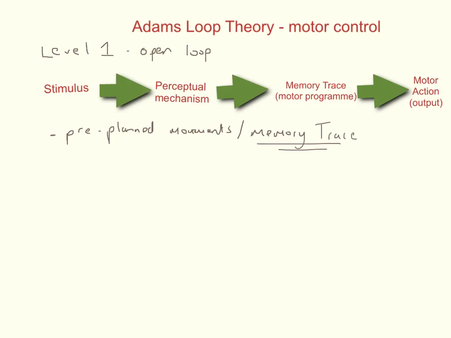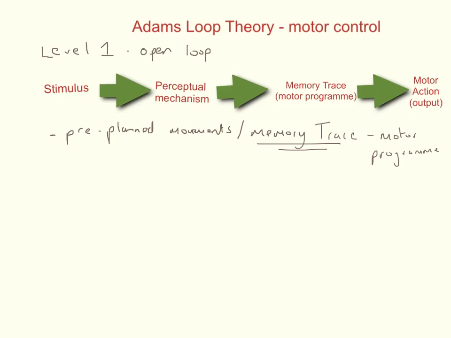Okay, massive key term in the exam is memory trace. Okay, and the memory trace is basically the equivalent of a motor program. Okay, the memory trace initiates a motor program that we've looked at in previous information processing models.